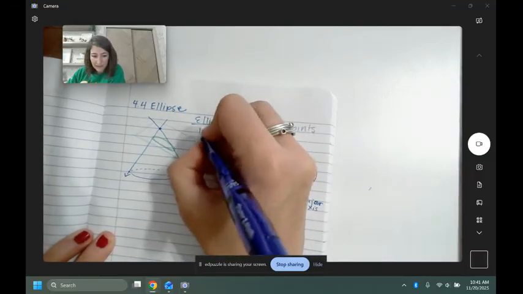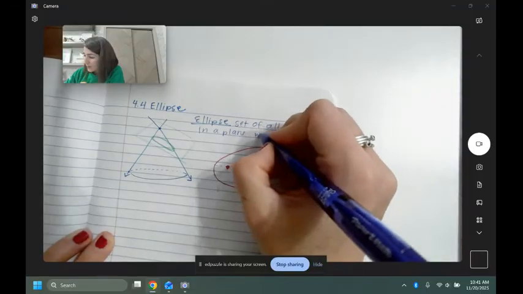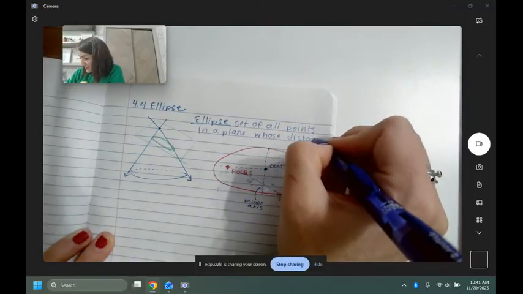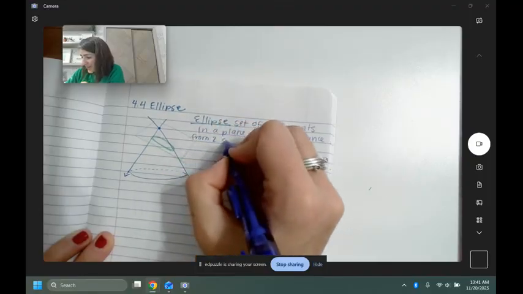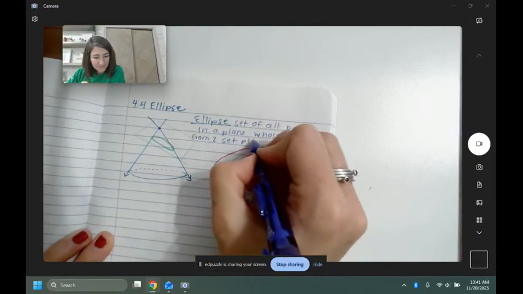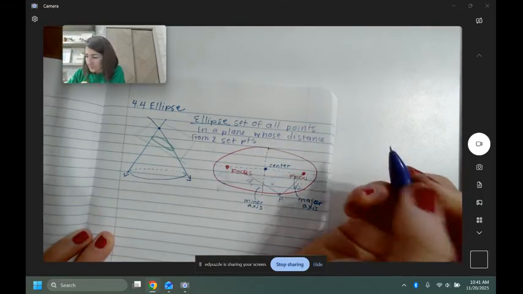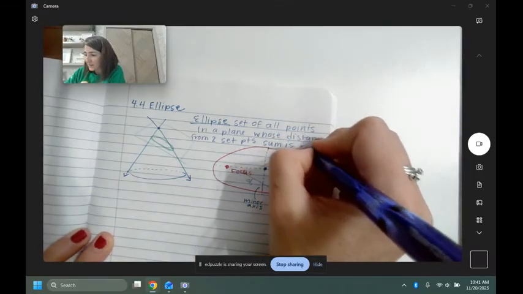So the ellipse is the set of all points in a plane whose distances from two set points sum is constant.